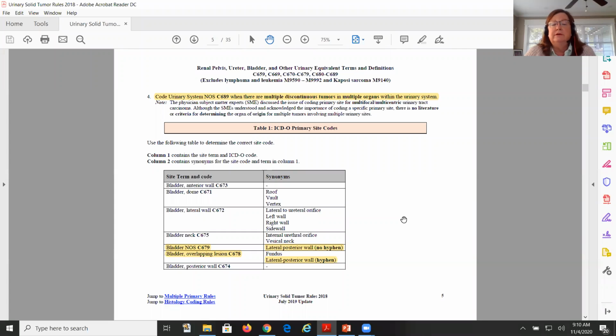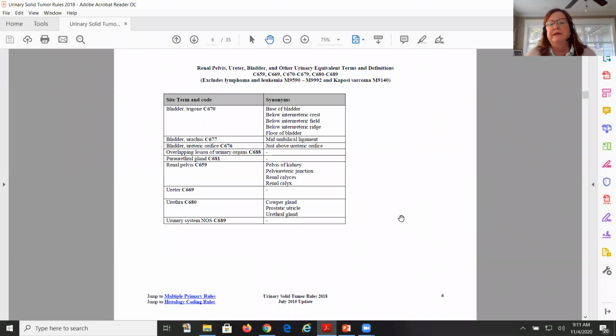If the tumor location is described as lateral-posterior wall of the bladder with a hyphen between lateral and posterior, then you would code to C678, overlapping lesion of bladder, as well as if the tumor location is described as the fundus of the bladder.